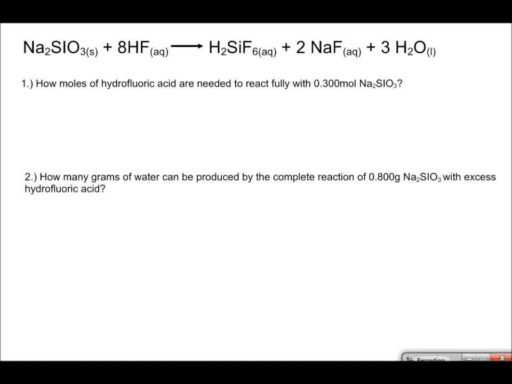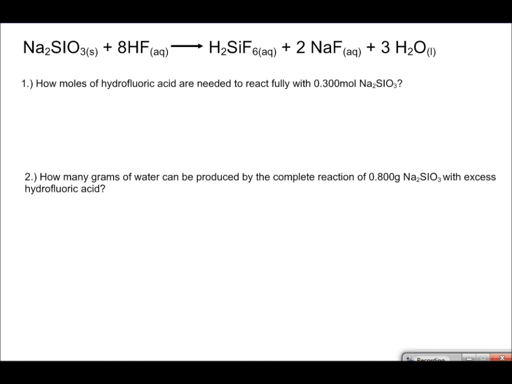This is factor label method. And if you remember from baby chem, or whichever chem you've taken before this, factor label method is simply setting up conversions between one thing and another.